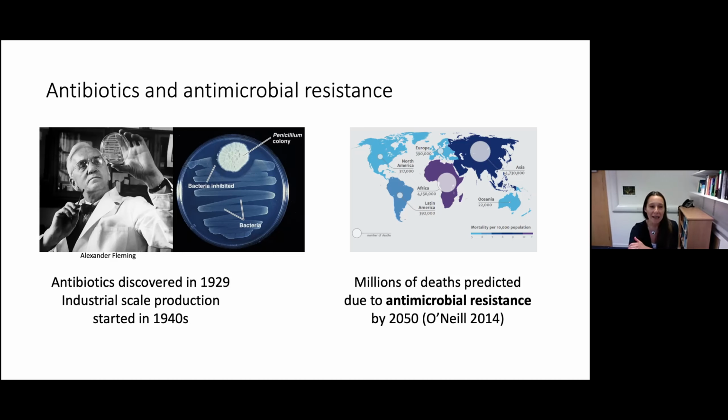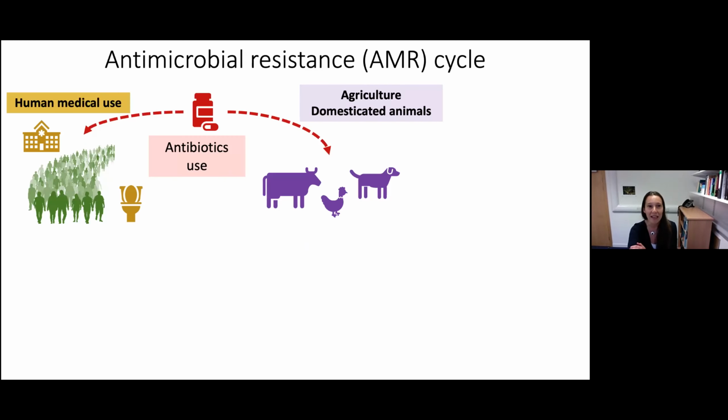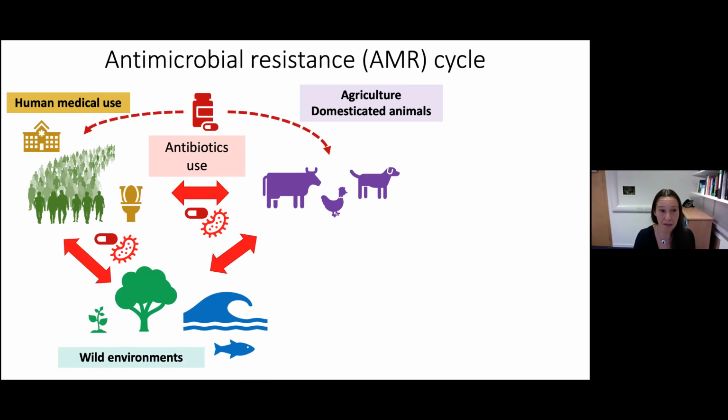To understand this rising resistance, we also need to understand the antimicrobial resistance cycle, or AMR cycle. Human-produced antibiotics are being used primarily in two sectors, in the human biomedical sector and in agriculture. Both human populations and animal populations, including domestic animals, obviously interact with each other, and exchange antibiotics and potentially resistant bacteria.